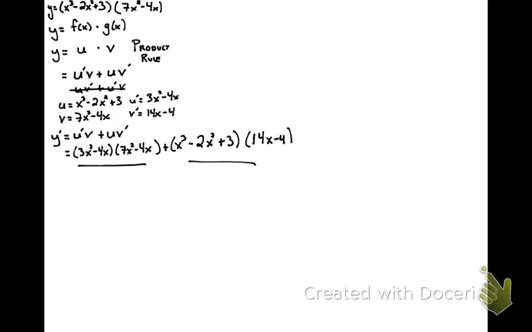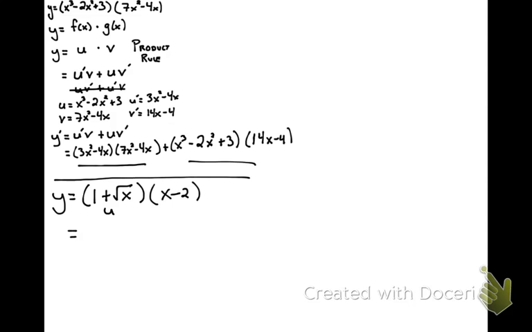Now, just to give you a second example, let's say that we want to deal with a function y, which is being defined as 1 plus the square root of x, so this is u, times x minus 2.